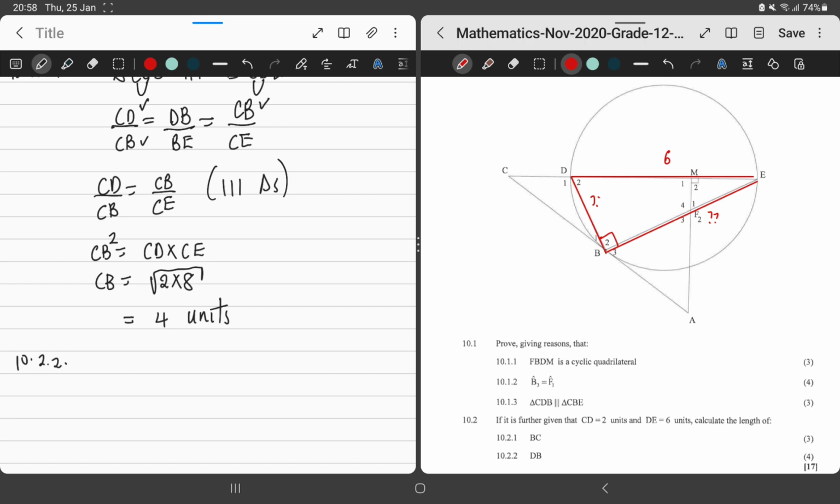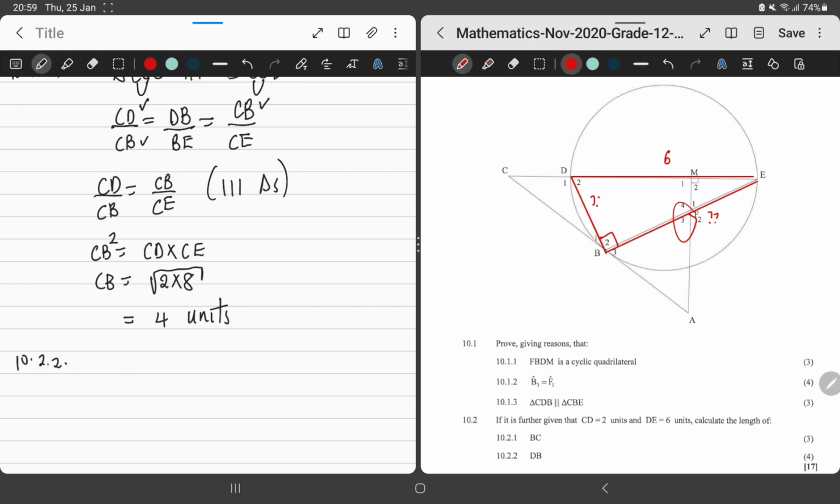DB over BE. So I'm using this again. I can choose any of the two. So I want to choose something that is available there.